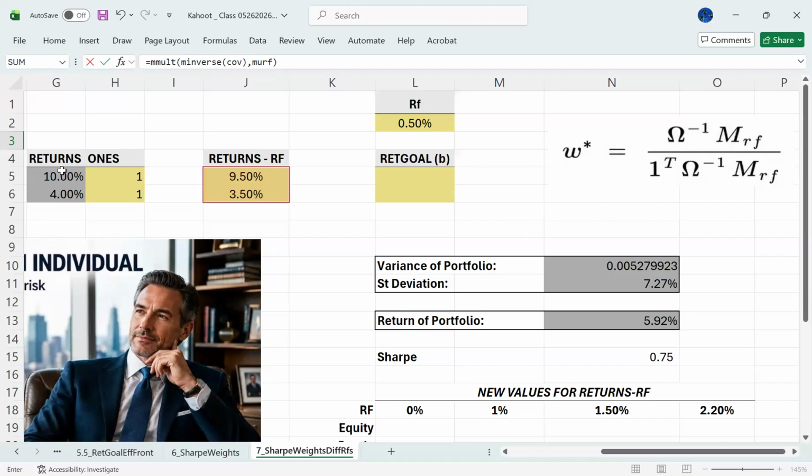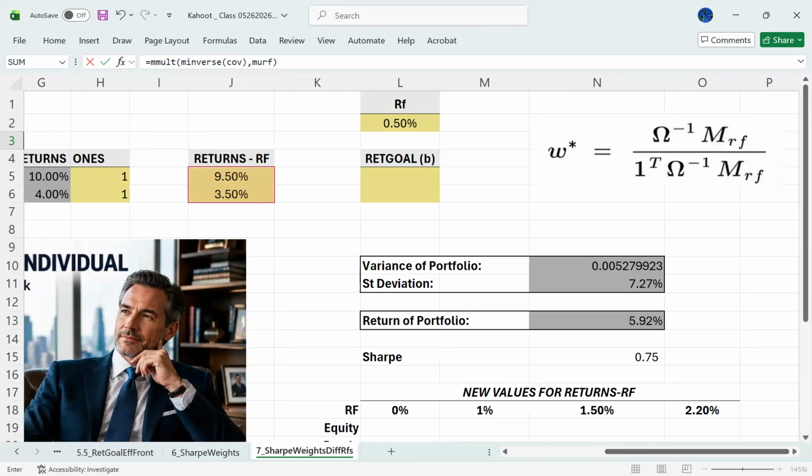In my view, if I'm maximizing the Sharpe ratio, I don't care about the first 0.5%. I only care about the 9.5% I am getting beyond the 0.5%. I am only going to tolerate risk for a level of return that is higher than this risk-free rate. So that is mu RF.